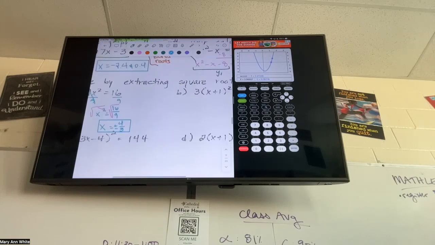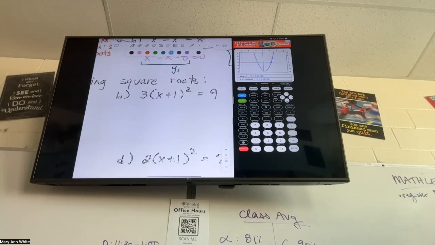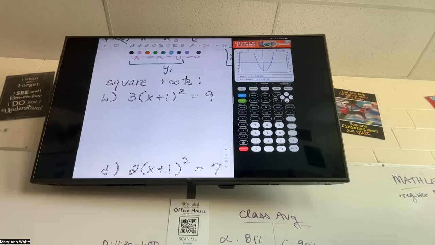Let's do one more together, and then I'll have you try the last two on your own, okay? All right, this time, my x squared, I've got little quotations around that. My x squared is x plus 1, so I need to get that by itself. How do I get rid of that 3 to start? Divide by 3. So I've got x plus 1 squared equals 3.